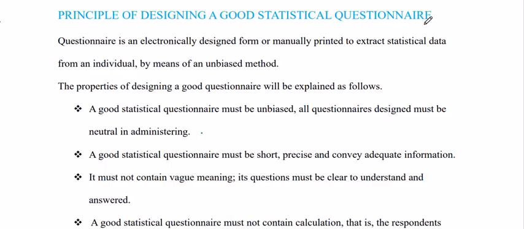Number one property that a good questionnaire must have is that a good statistical questionnaire must be unbiased. All questionnaire design must be neutral in administering. Biasedness in the sense that whenever a questionnaire is being administered to a respondent, it must not be focused on a particular person based on familiarity.